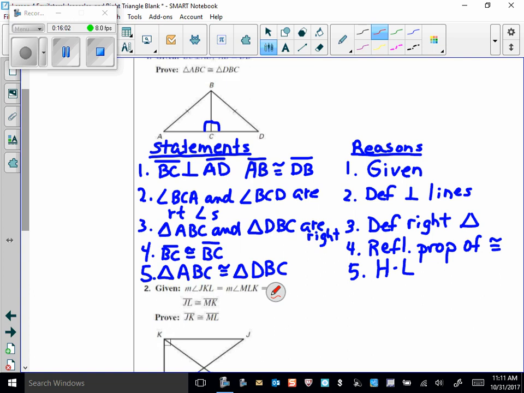But remember, I have to state that in my proof that triangle ABC and DBC are right triangles, or I can't use HL. So I put that in my proof there, and then I've got the hypotenuses. I just got to say that BC is congruent to itself, and finally I can say that triangle ABC is congruent to triangle DBC by the HL theorem.